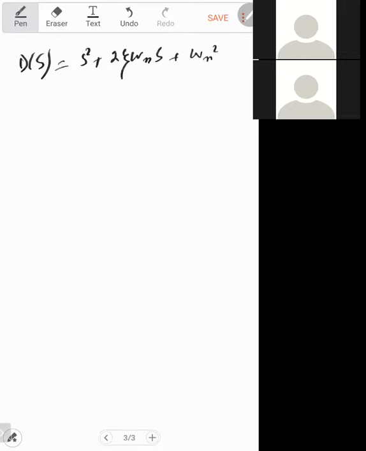If zeta is equal to 0, then D(s) will become equal to s square plus omega n square.